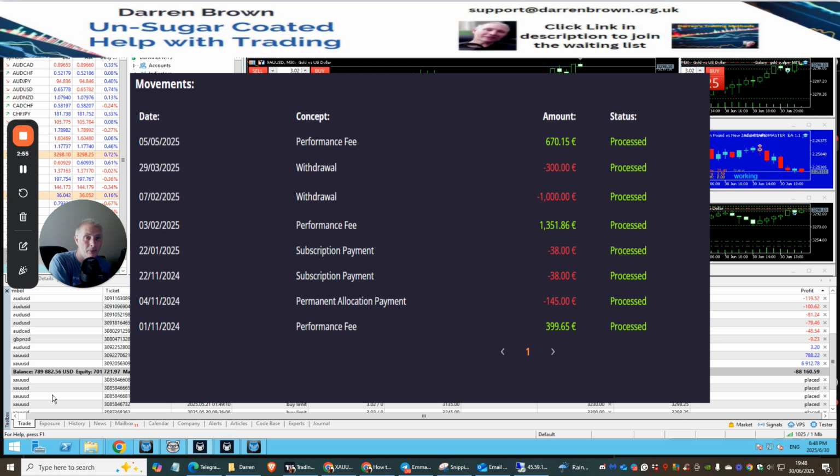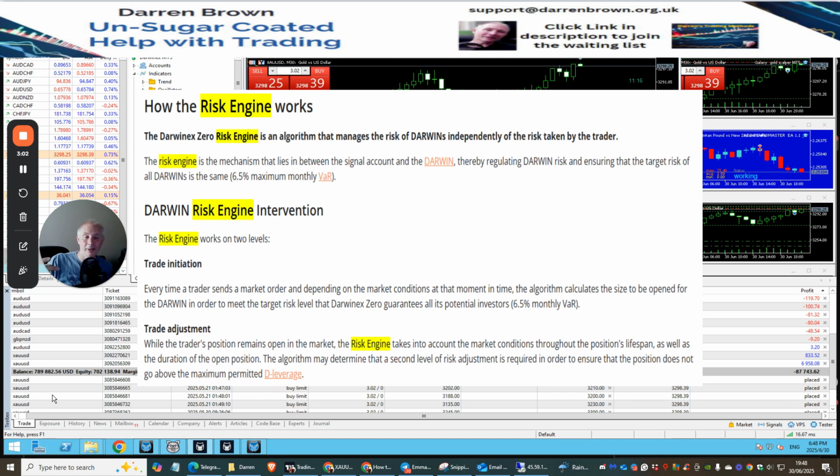But you could just work on a 100k account and slowly try to get to 105k, so you get 5,000, then another 5,000, because there is a risk engine built inside DarwinexZero. It's designed in such a way that if you take a small trade and you've got an investor on board using your Darwin index to make money with the system you're trading, they will increase the risk ratio inside the Darwin risk engine, and they need to maintain 6.5%, which is the same as NASDAQ.